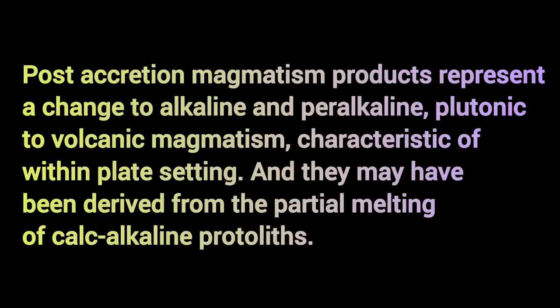Post-accretion magmatism products represent a change to alkaline and peralkaline plutonic to volcanic magmatism characteristic of within plate setting, and they may have been derived from the partial melting of calc-alkaline protoliths.